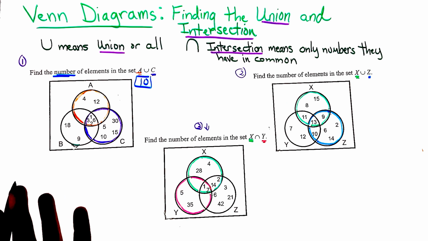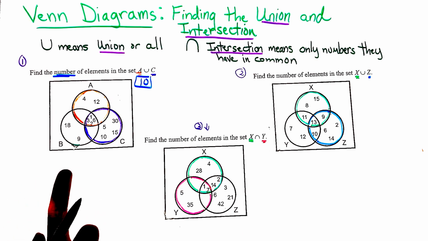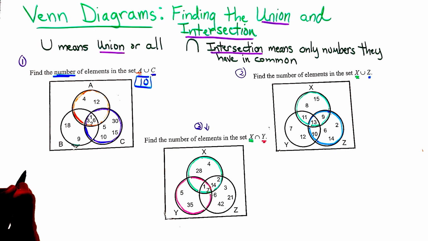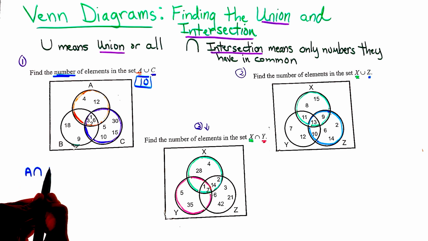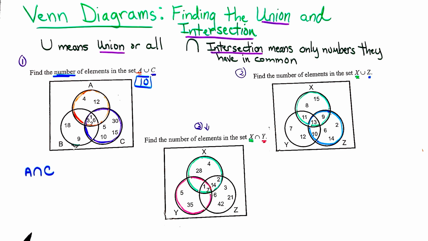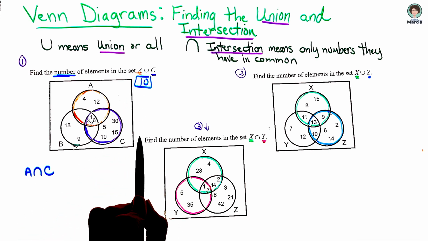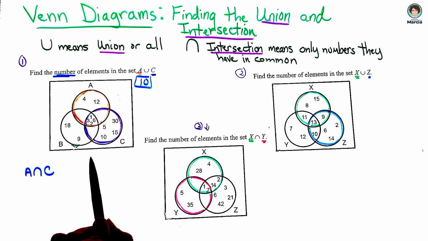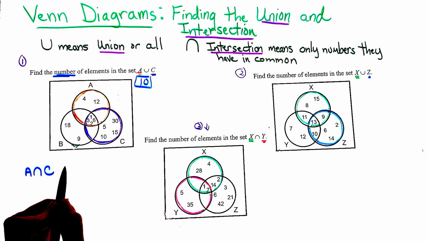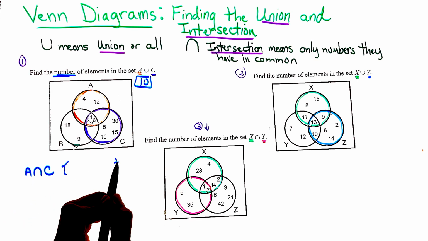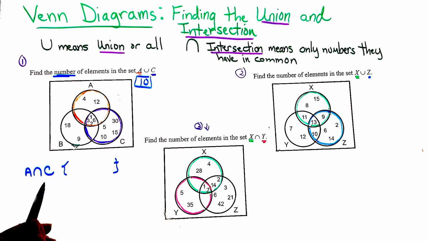All right, well, I'm going to give you another problem for problem number 1. What if we said A intersects with C? So now I don't want to know how many they have in common, I actually want to know what are the elements that would be in both of them.